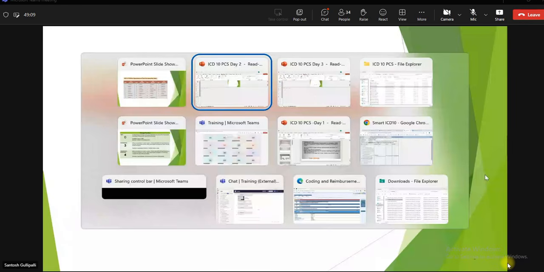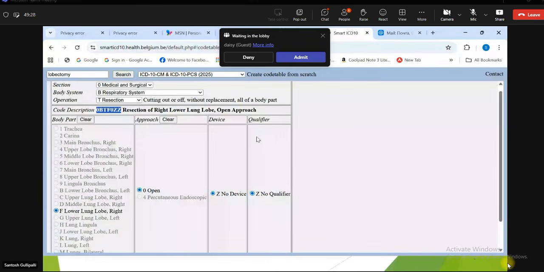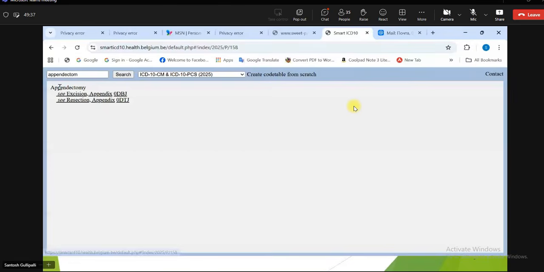Appendectomy, we will try the appendectomy procedure code with laparoscopy. So resection of appendix, 0DTJ. 0 medical and surgical section, body system D gastrointestinal system, root operation T resection.